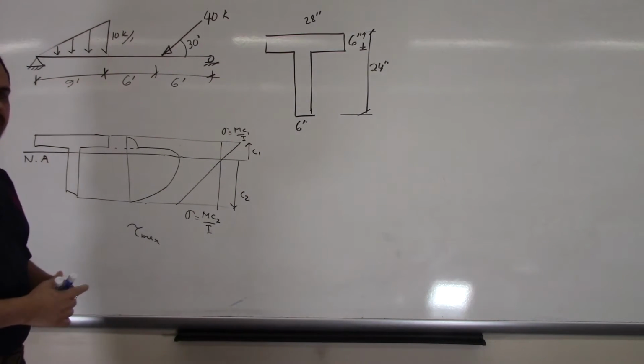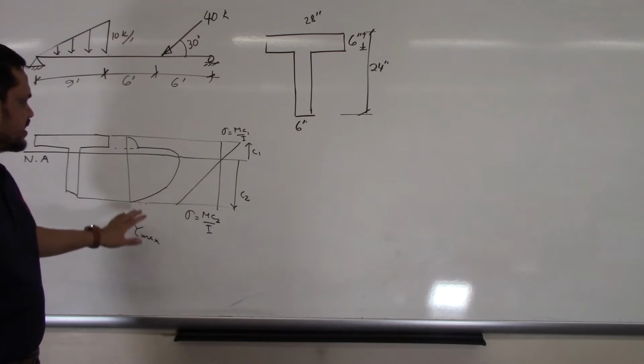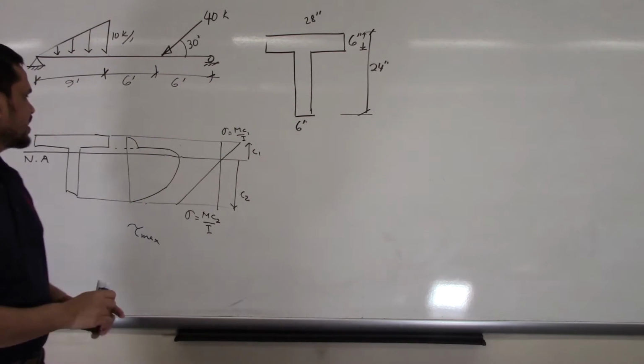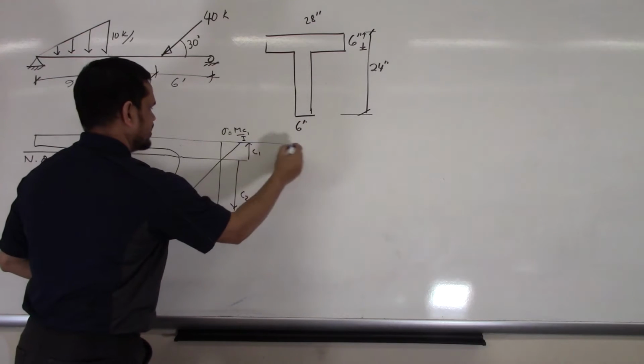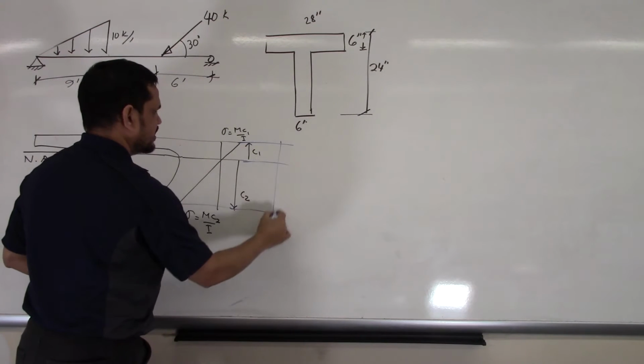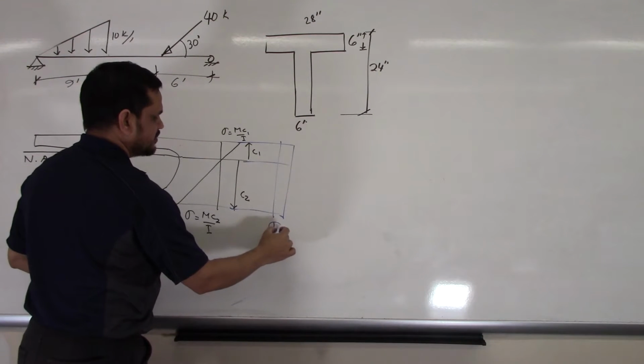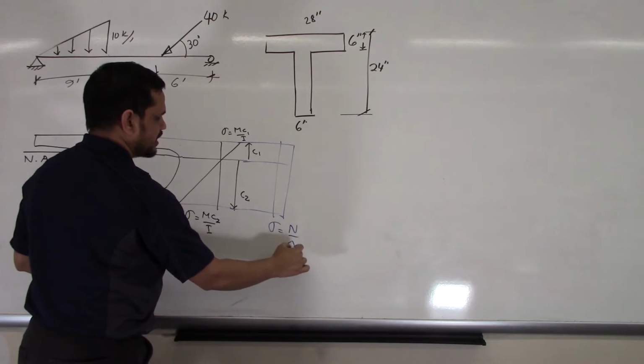So that is the schematic of the shear stress diagram and the bending stress diagram, and for the normal stress diagram, it is typically homogeneous, sigma is N by A.